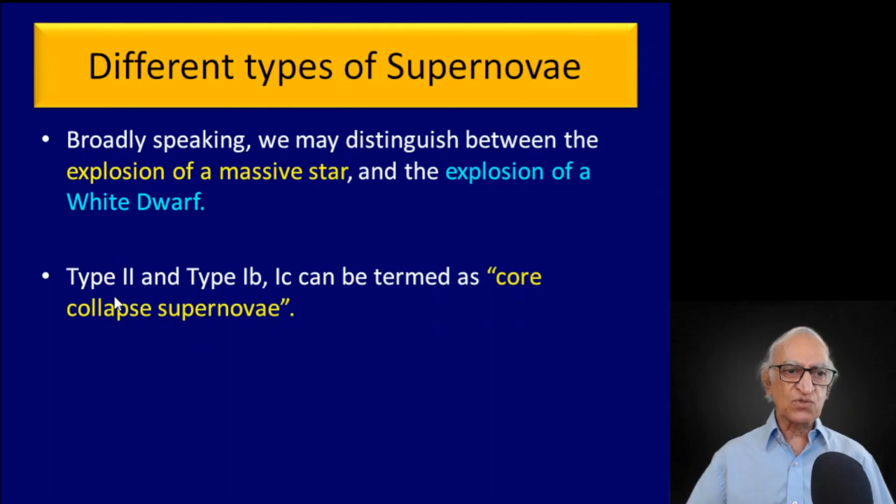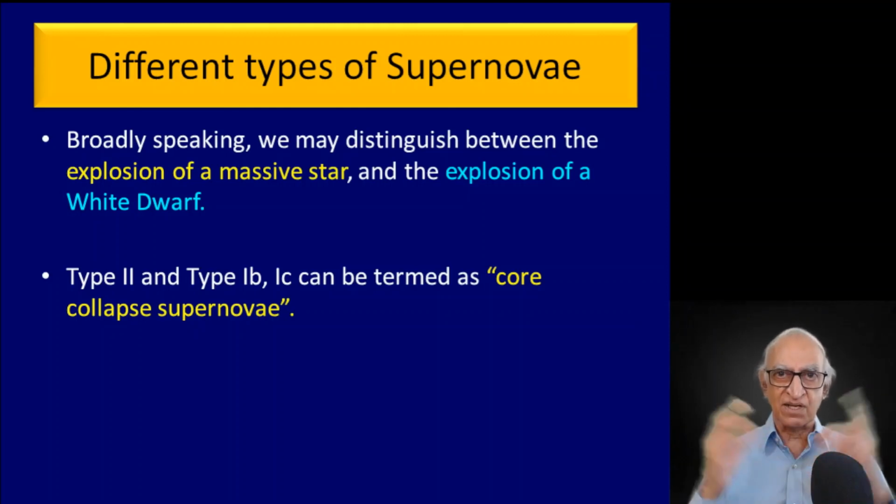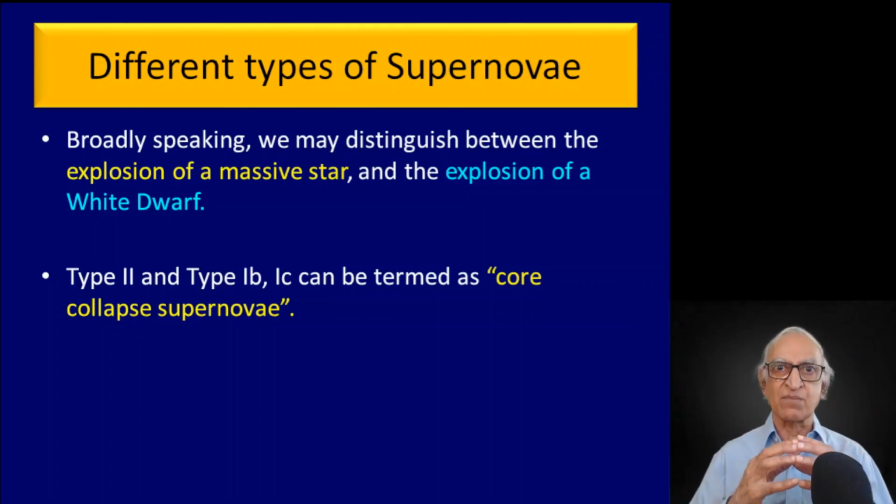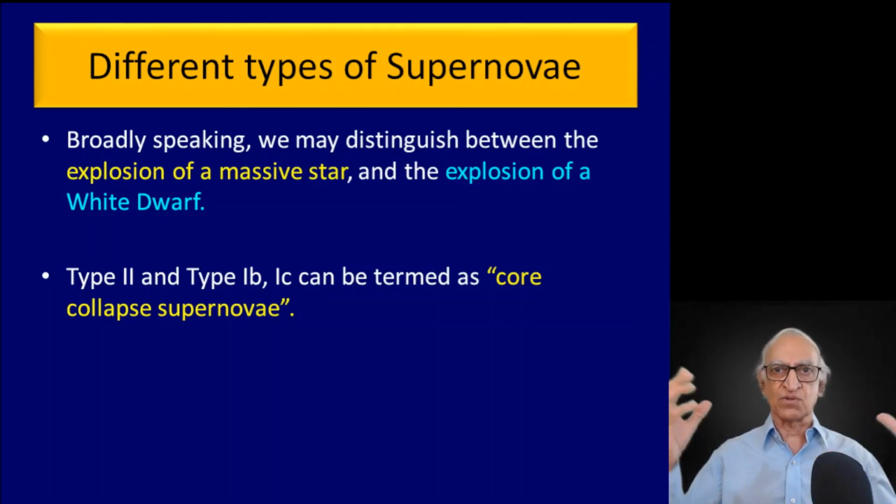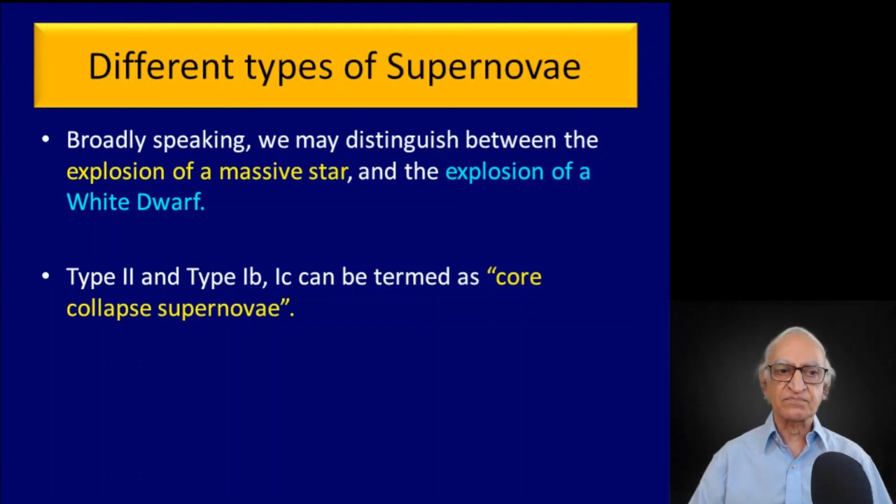Type 2 supernovae, type 1b and type 1c, can be termed as core collapse supernovae resulting from the implosion of massive stars. So these supernovae occur when the core of the star implodes and the gravitational binding energy released explodes the rest of the star.